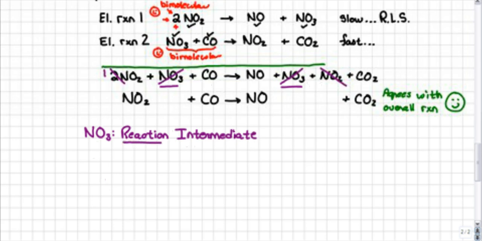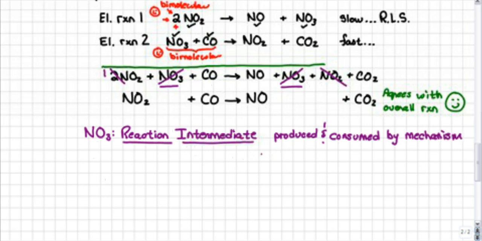A reaction intermediate is both produced and consumed by the mechanism. A reaction intermediate does not appear in the overall reaction.